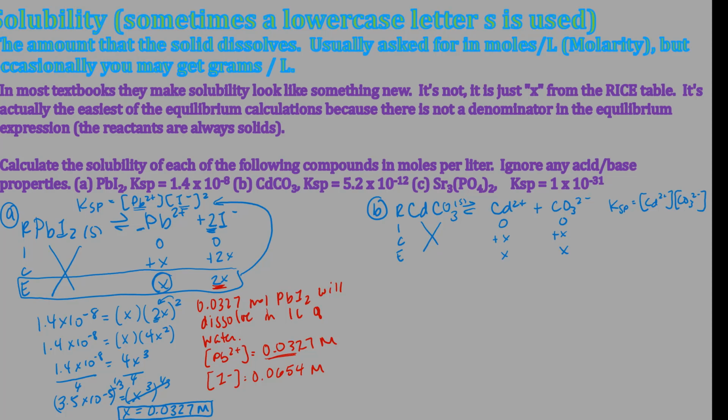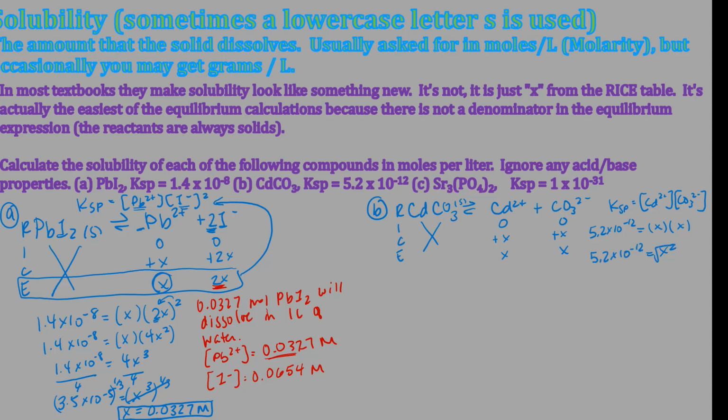So remember, if you have 1 and 1, it's pretty straightforward. It's X and X. So then I would have X times x is equal to 5.2 times 10 to the negative 12. So then I have x squared is equal to 5.2 times 10 to the negative 12.